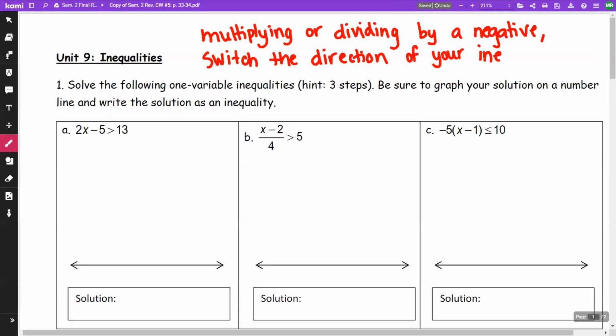Otherwise, your inequality is going to remain the same throughout your problem.